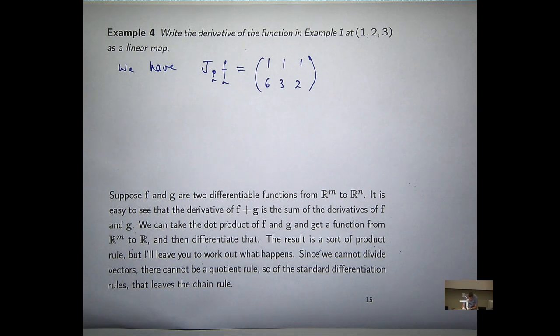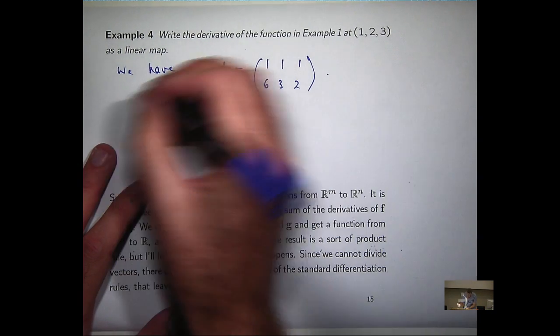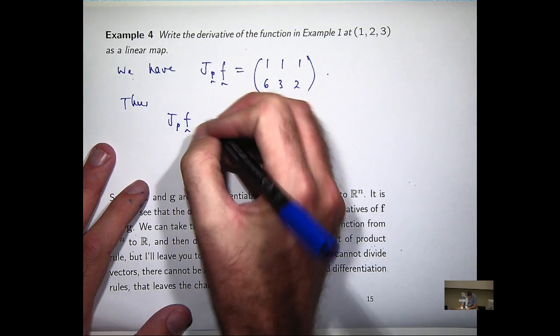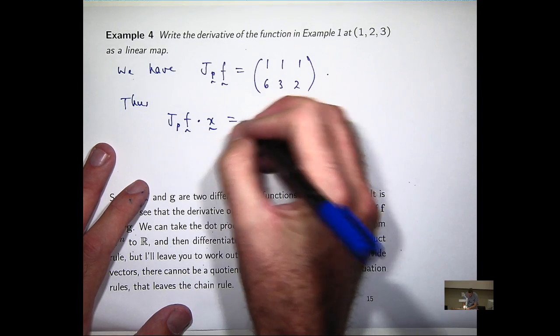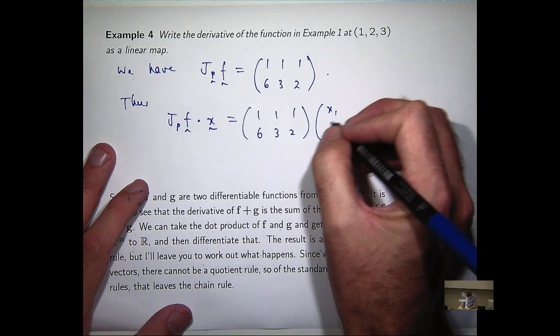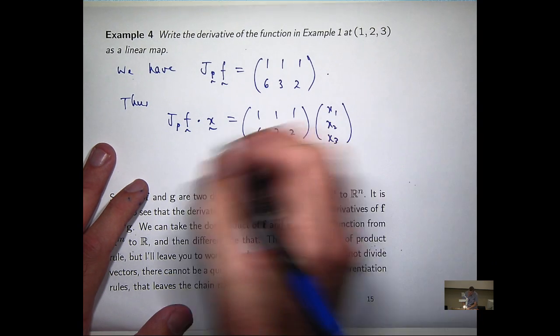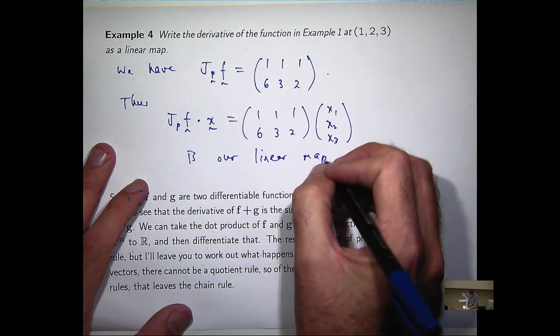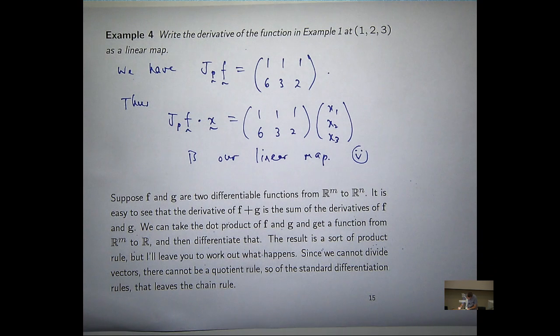So it's pretty easy once you know how. Okay, a linear map involving a matrix involves matrix multiplication with a vector.